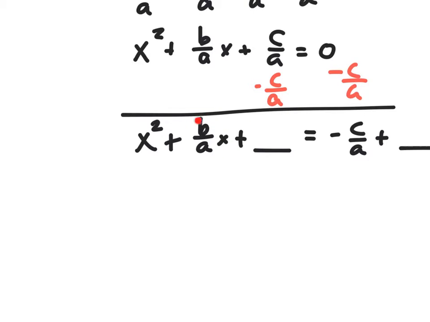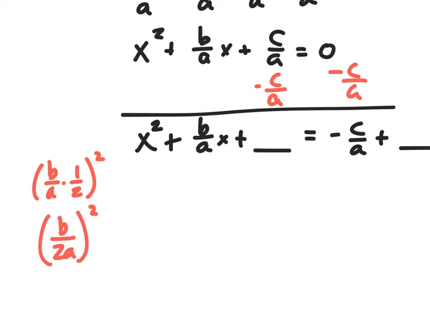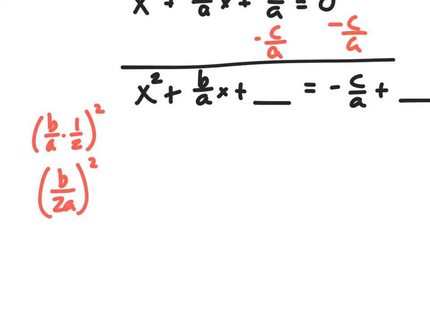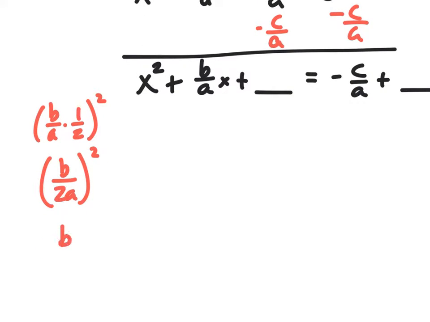So I take my middle term, which is b over a. I'm going to multiply that by a half and then square it. So I end up getting b over 2a, this quantity squared, and if I square that, that gives me b squared over 4a squared.